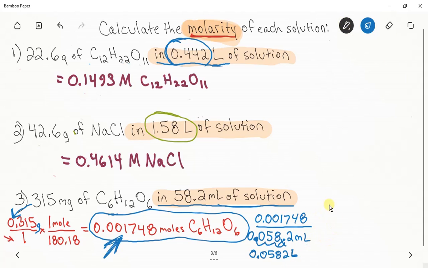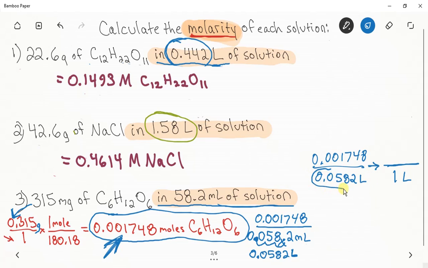Now we need to know how to get this 0.001748 moles over 0.0582 liters, and we need to turn this into some number of moles over 1 liter. So how do we do that?